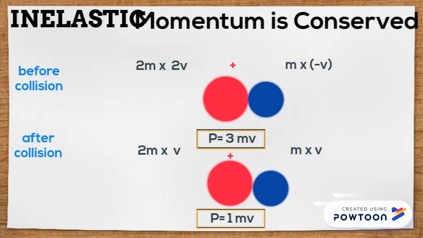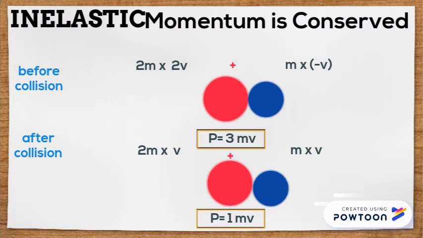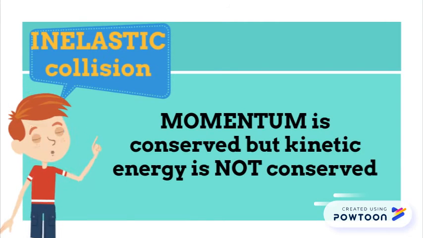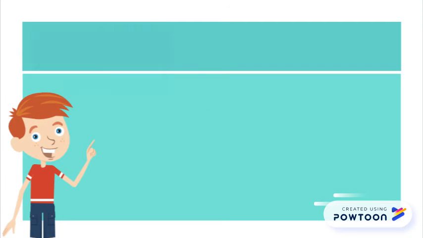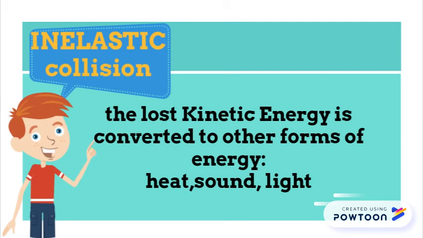Still, momentum is conserved. In an inelastic collision, momentum is conserved, but kinetic energy is not conserved. The lost kinetic energy is converted to other forms of energy like heat, sound, and light.